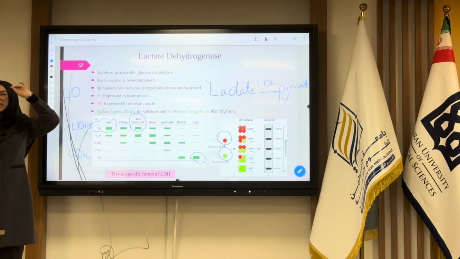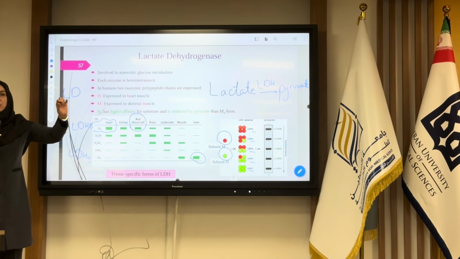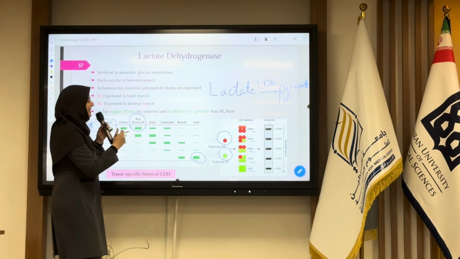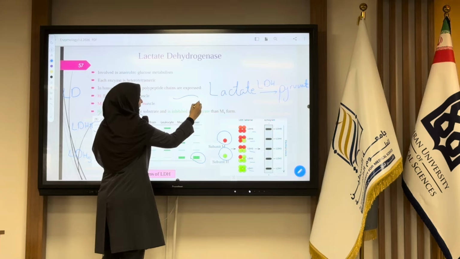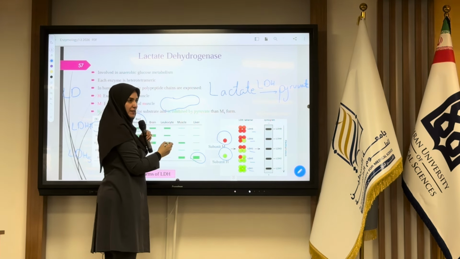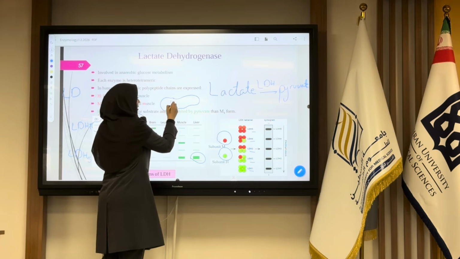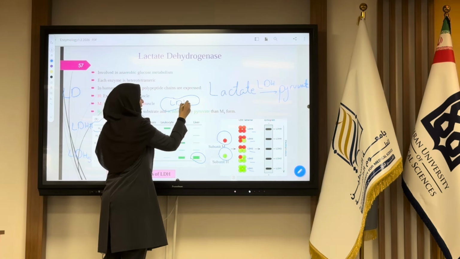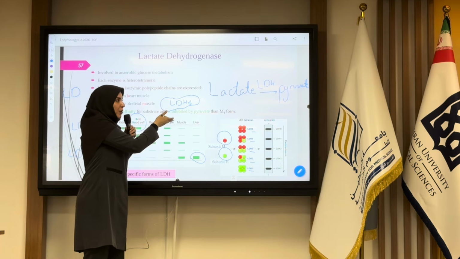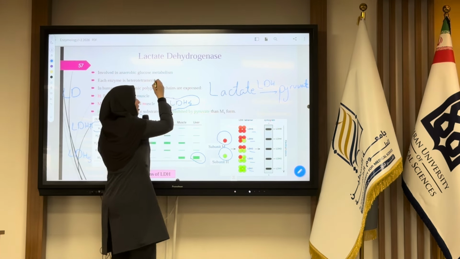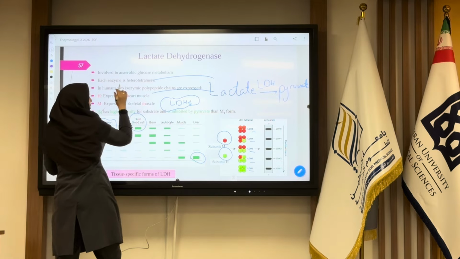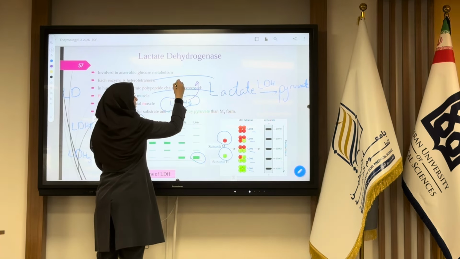It's a clinical point. You know, for lactate dehydrogenase 5, for example, this is a hepatocyte. Hepatocyte means liver cells. I know that lactate dehydrogenase 5 is present in a hepatocyte, its appropriate site, not in the bloodstream. When it enters the bloodstream, what does it mean?